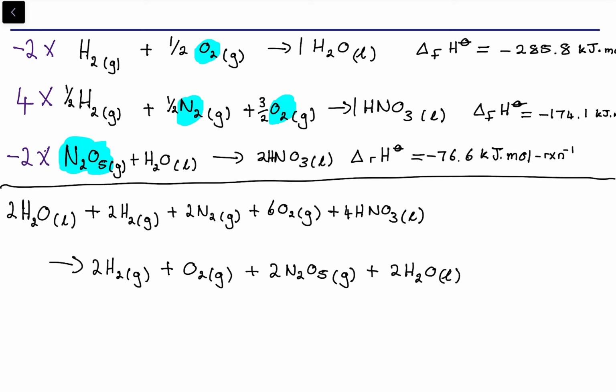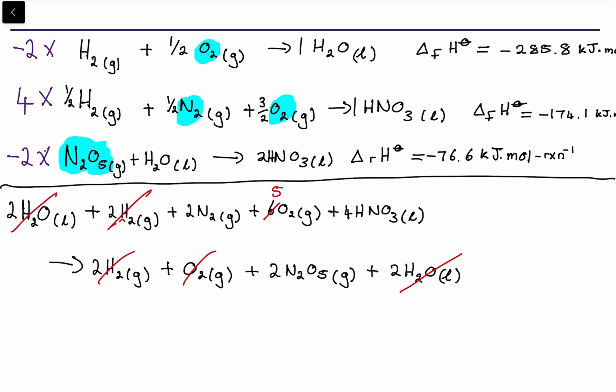Okay, and now we start cancelling. So 2H2O cancels with 2H2O, 2H2, 2H2, 2N2 remains, 6O2, 1O2, so that becomes 5O2, 4HNO3.